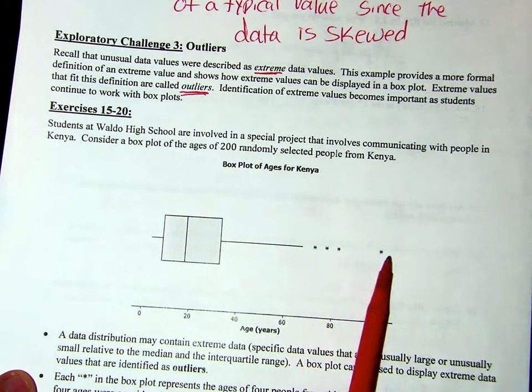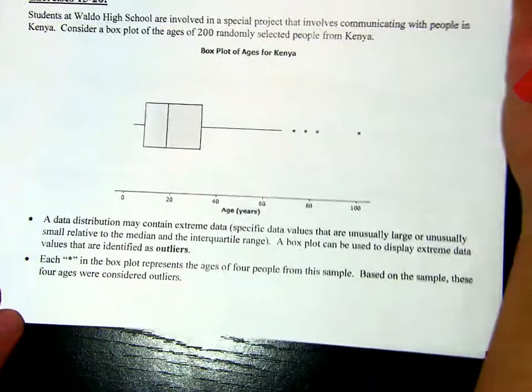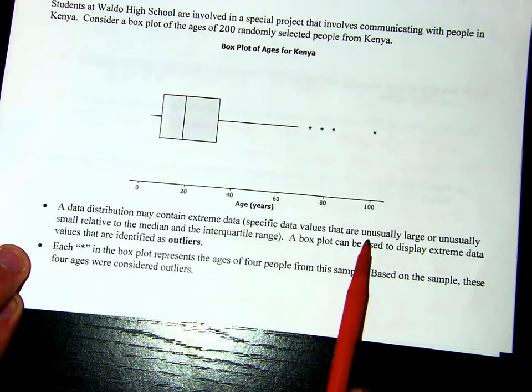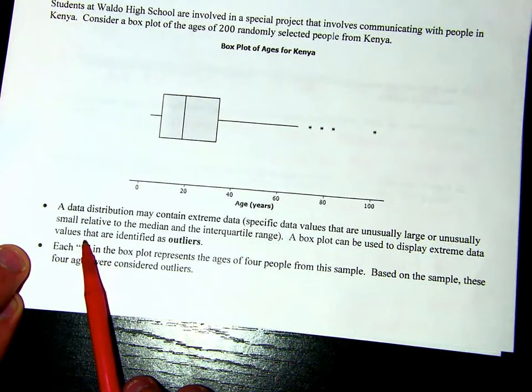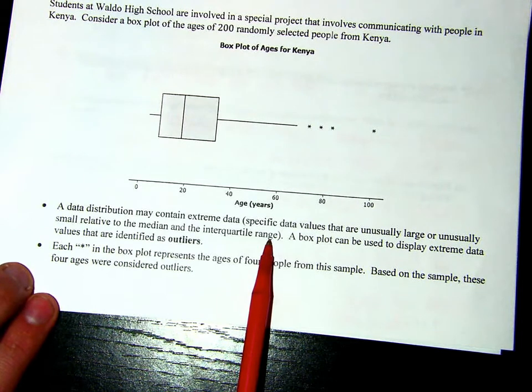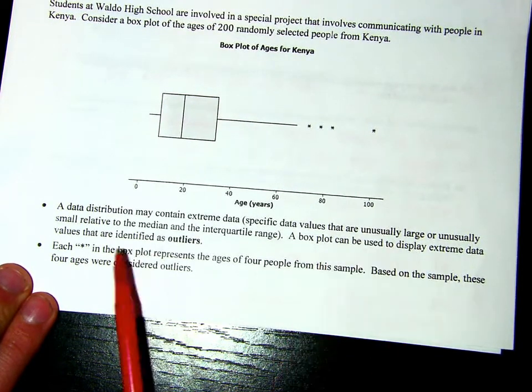Those are still values that were taken from the survey. A data distribution may contain extreme data, specific data values that are unusually large or unusually small relative to the median and the interquartile range. So a box plot can be used to display extreme data values that are identified as outliers.